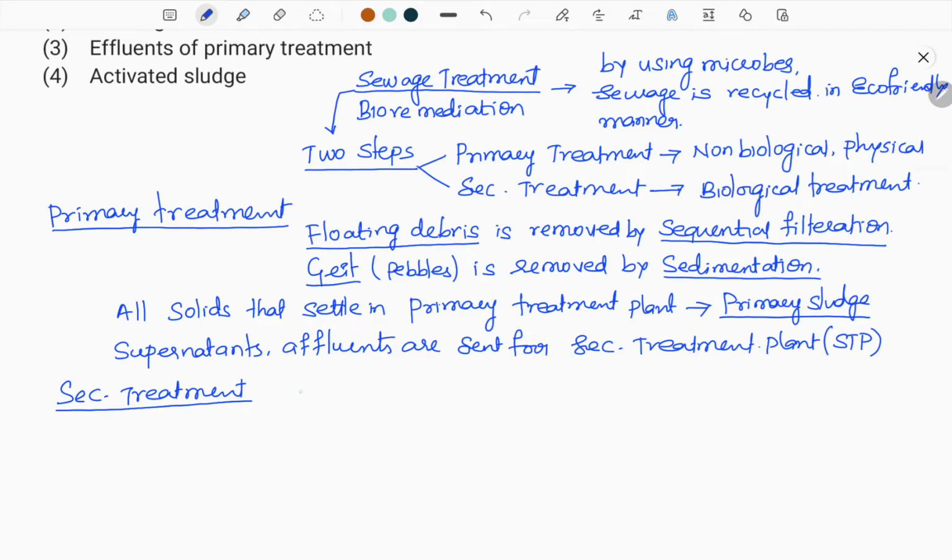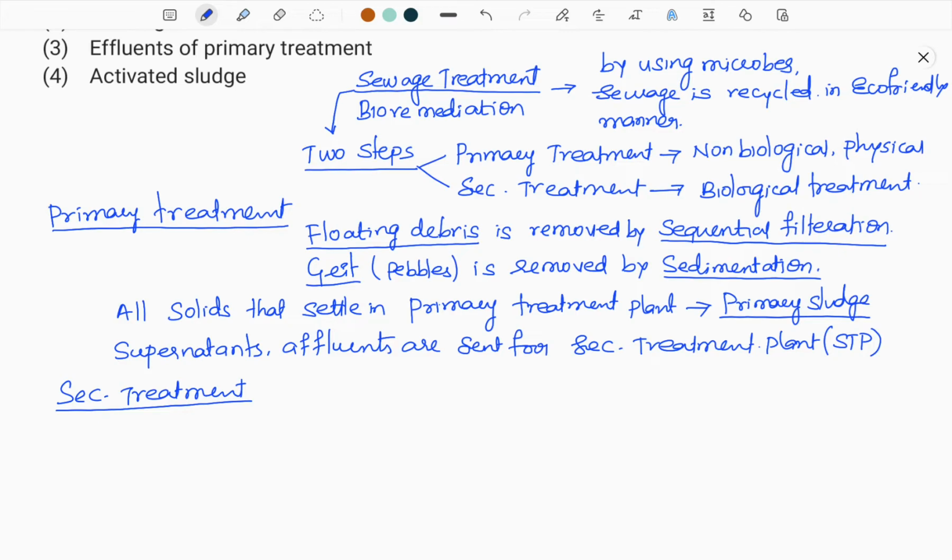In STP, agitation is done. Agitation means a large quantity of air is pumped into it. Remember, in any water body, if it is polluted, the pollution is due to less availability or non-availability of oxygen.